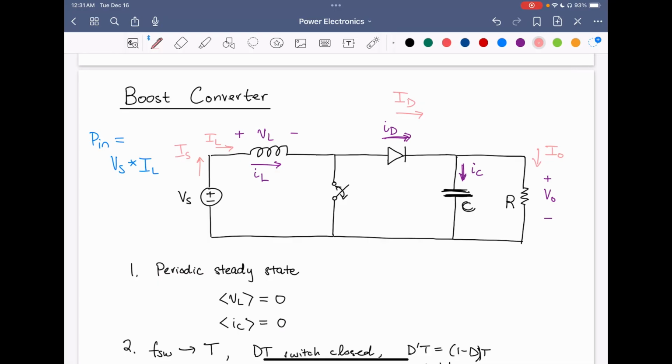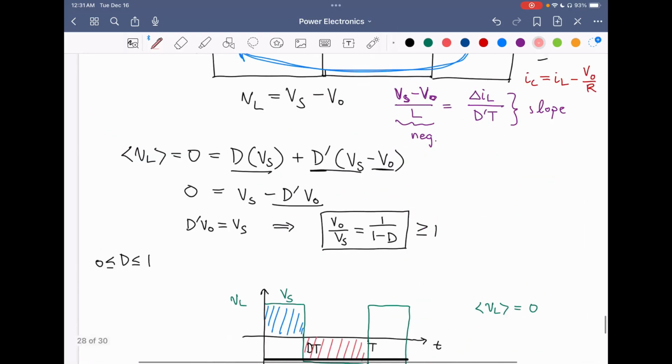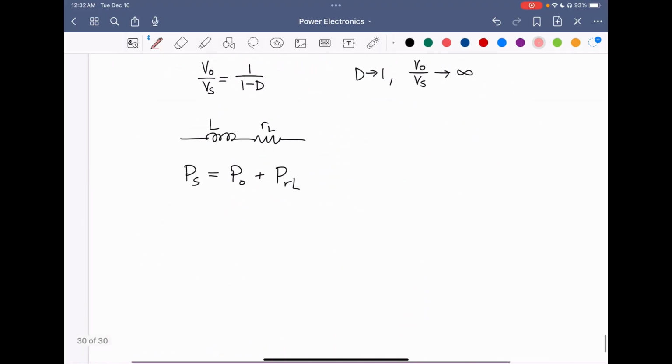And this is because there's no DC current through the capacitor because of capacitor charge balance. So with this in mind, we can write the expressions for the input power and the output power. The source power is equal to Vs times Is, but we know Is is just equal to IL. And the output power, PO, is equal to the output voltage times the output current, and we know the output current is just equal to the DC diode current, ID.